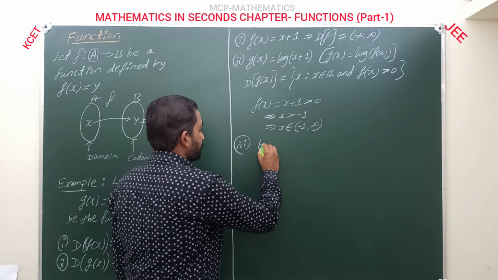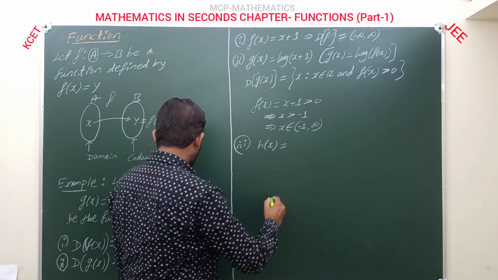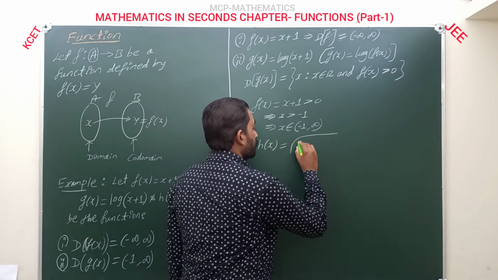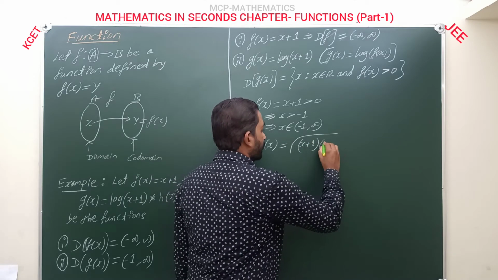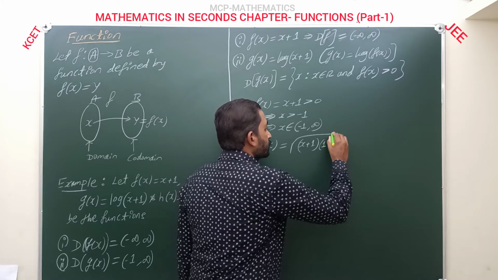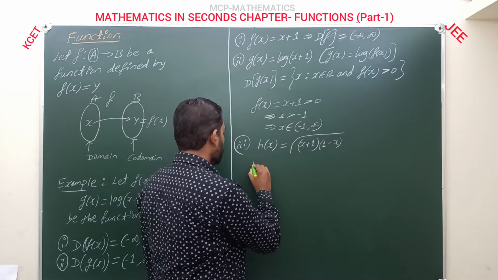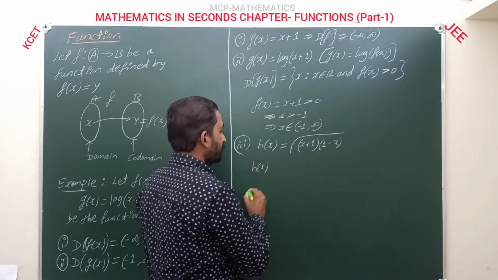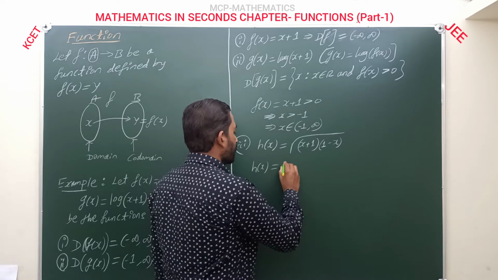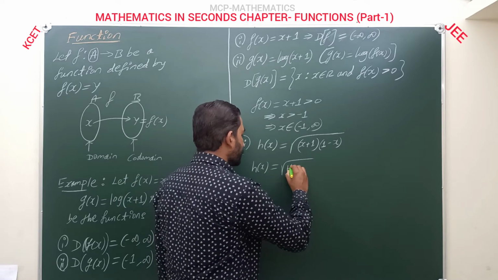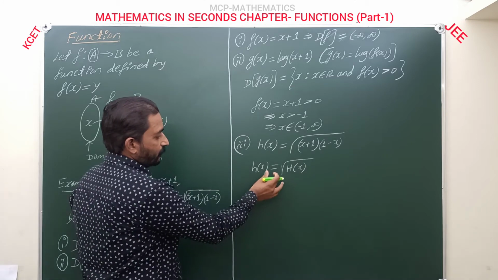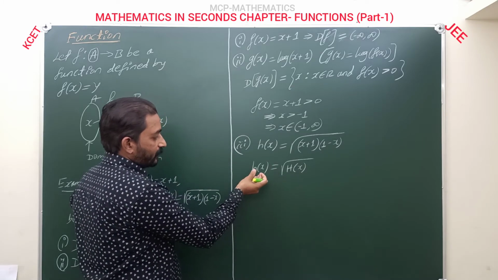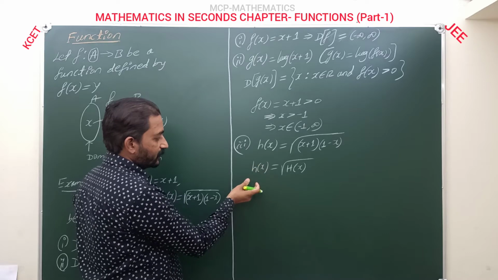So h of x is equal to the square root of (x plus 1) into (1 minus x). This is in the form of h of x equal to the square root of, which can be written as capital H of x. We have to find the domain of these types of functions by using this condition.